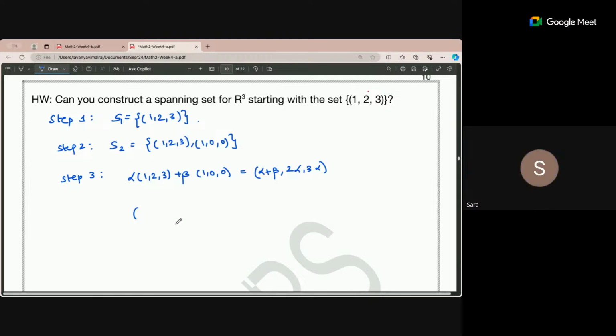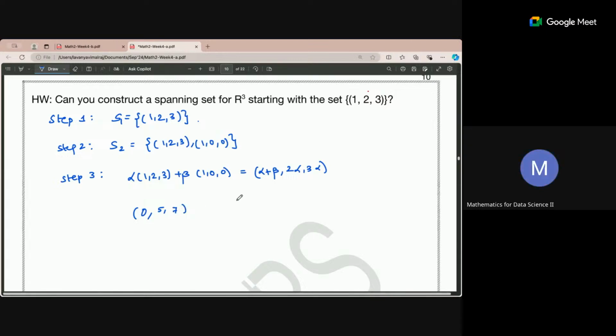Got it? Yes, got it, ma'am. So can you suggest some vector then? Can we choose the first one as 0, then 5, 7? Okay.